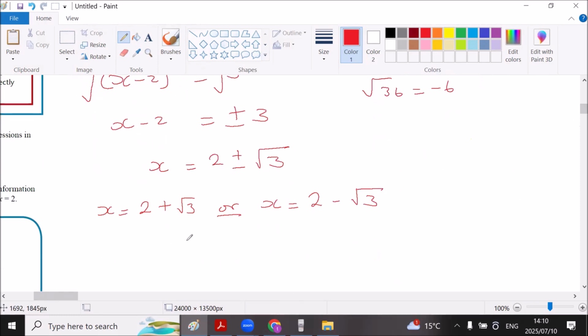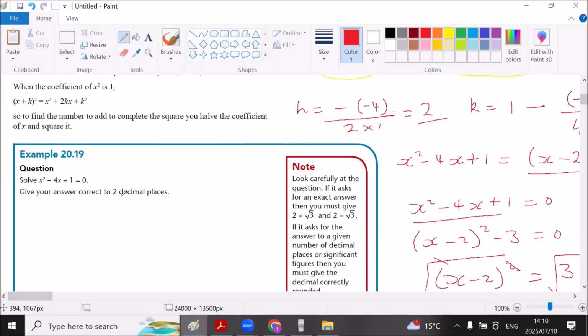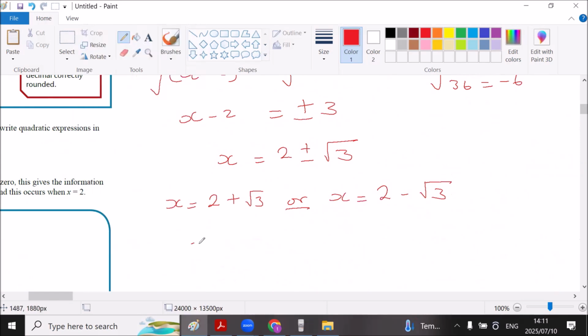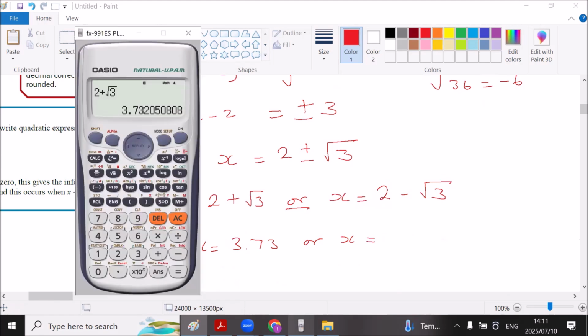Our question asks us to give our answer correct to 2 decimal places. So we can put it on a calculator and say 2 plus square root of 3 is equal to, express it as a decimal, 3.73. So x is equal to 3.73, or x is equal to, we come back to our calculator, replace the plus with a minus, then we express it as a decimal and round it off to 2 decimal places.